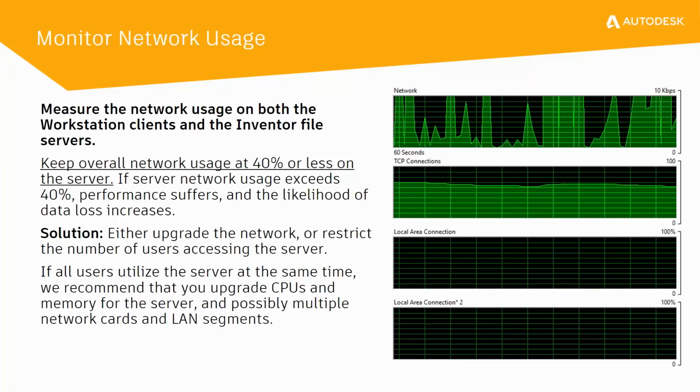What you should aim to do is keep the overall network usage at 40% or less on the server. If you're seeing performance or system requirements higher than 40%, then it's likely that your performance is going to suffer, and the chances of data loss increase as well.